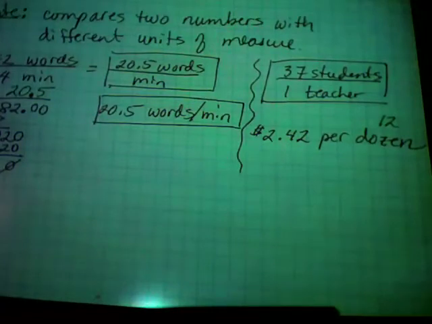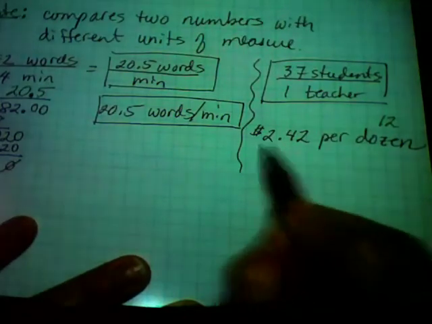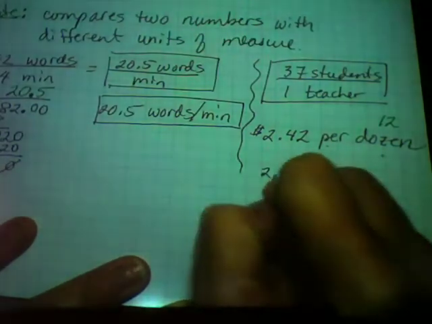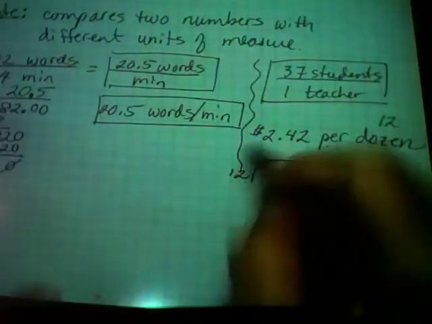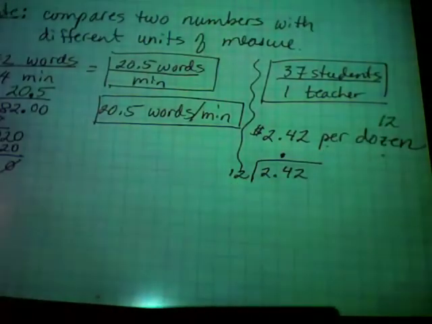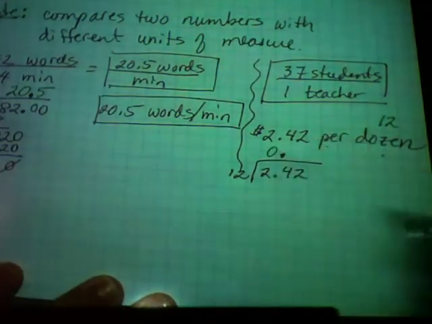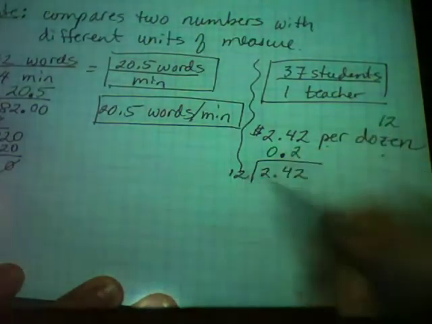So how am I going to figure out how much each is? This is really $2.42 divided by 12, isn't it? So 2.42 divided by 12. You need to bring your decimal point straight up. Does 12 go into 2? No. So 0 times. Does 12 go into 24? Twice. What's 2 times 12?